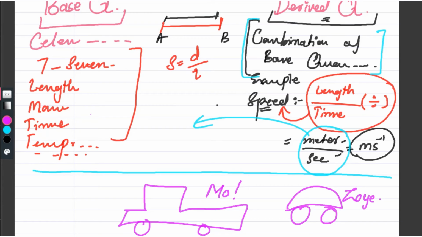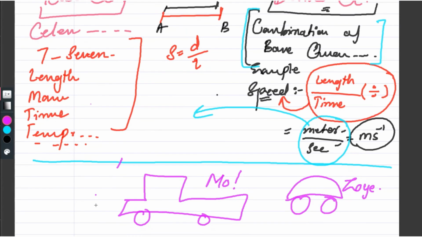If I have to measure the length of both of these cars, do you think that I need an instrument to measure it? Yeah. Of course, isn't it? We need it. So remember that this is the case.